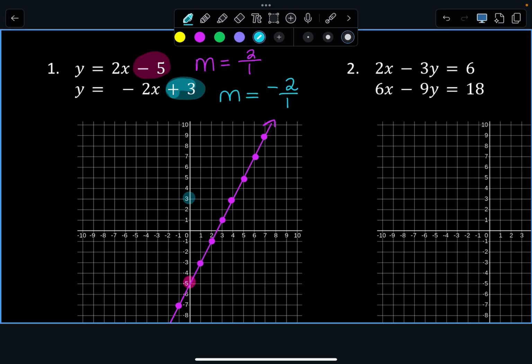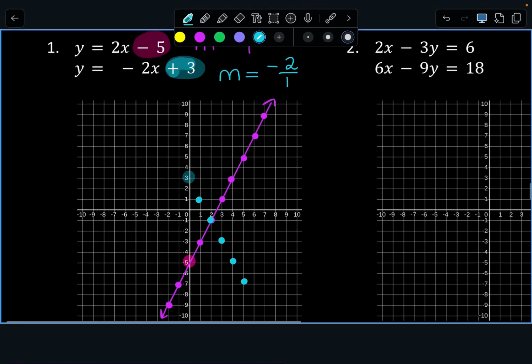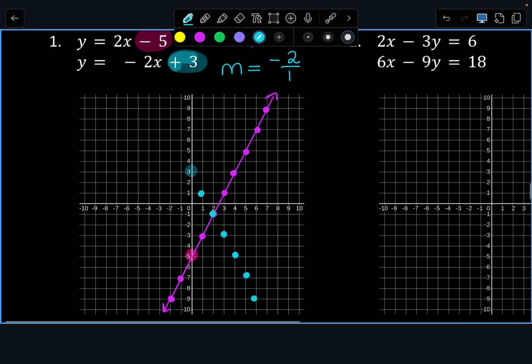That tells us from that point, 3, we're going to go down 2, to the right 1. Down 2, right 1, and keep going. We can also go up 2, left 1. And then connecting them with a nice straight line.